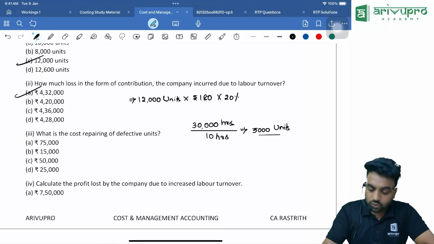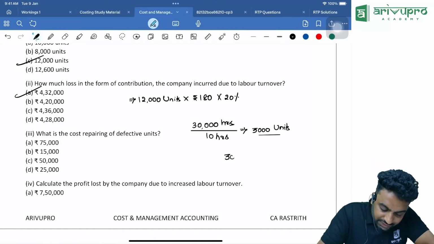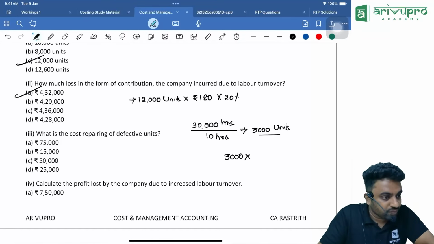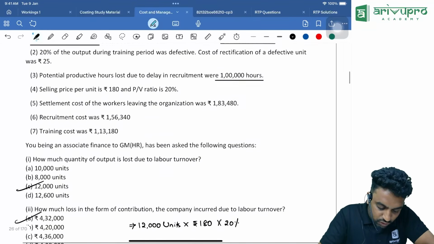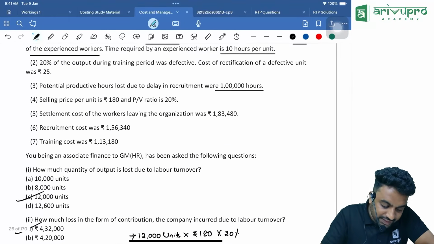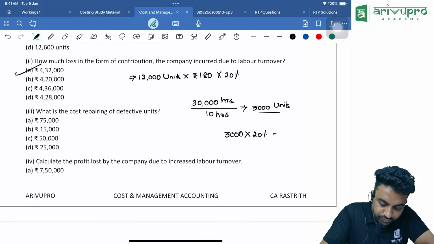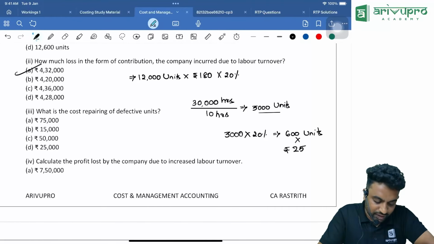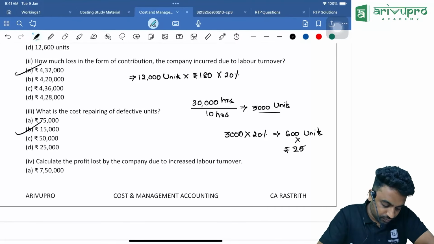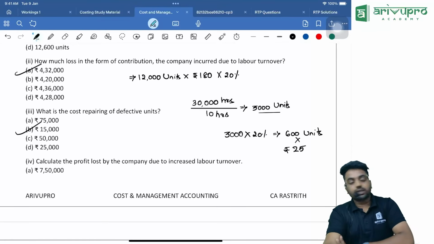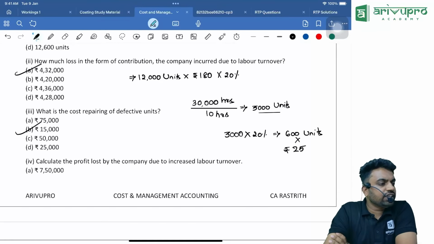Now, not everything in these 3,000 units is defective. In this, 20% is defective. 600 units are defective, and to rectify these 600 units, per unit we are spending 25 rupees. Option B. Guys, 3,000 into 25 is how much? 75,000, no?